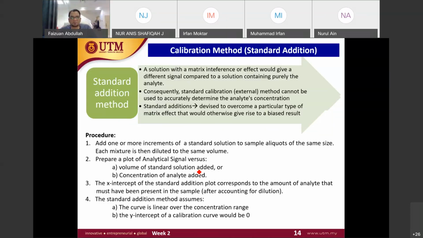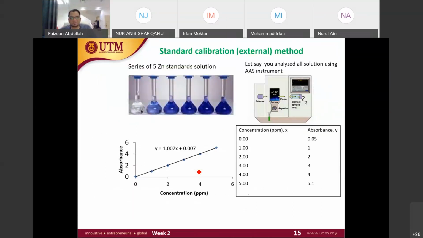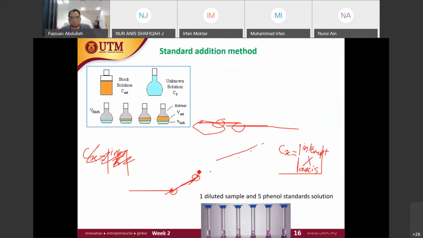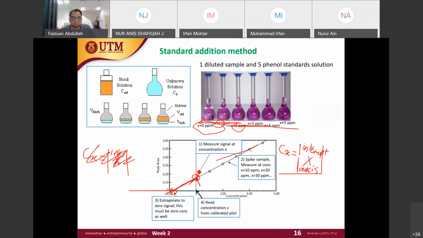After that we have the value on the y axis, and then we extrapolate to the x-axis, and the intercept gives the original concentration inside the sample.